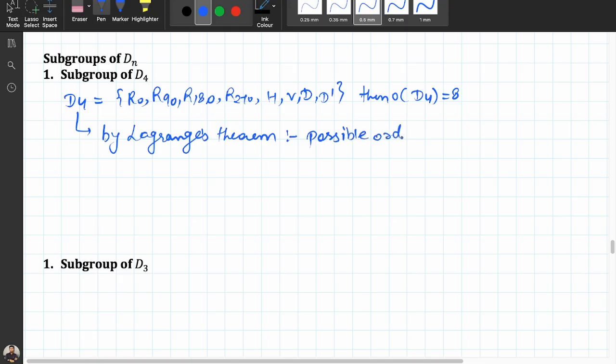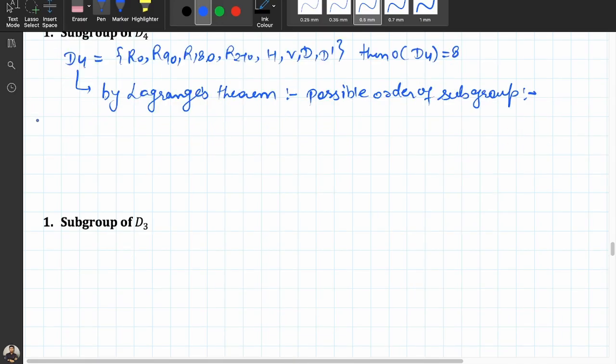What are those possible orders of subgroups? 1 divides 8, 2 divides 8, 4 divides 8, and 8.